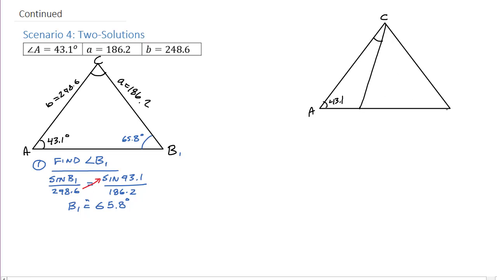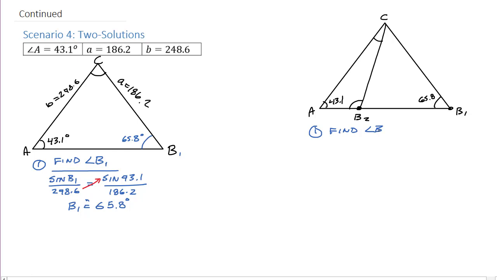Now, B1 is over here, that's that 65.8 degrees. But we want to know right here, where's angle B2? It's the same every time, because this makes an isosceles triangle. So, in our second triangle, let's find angle B2.